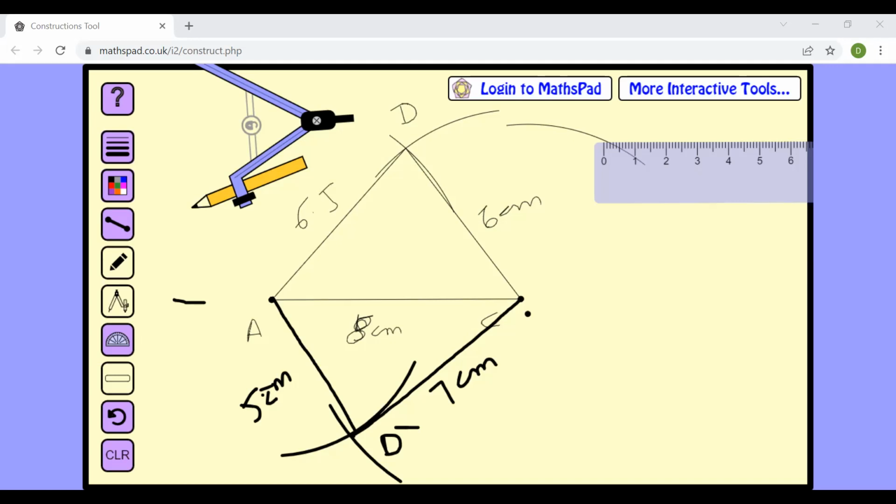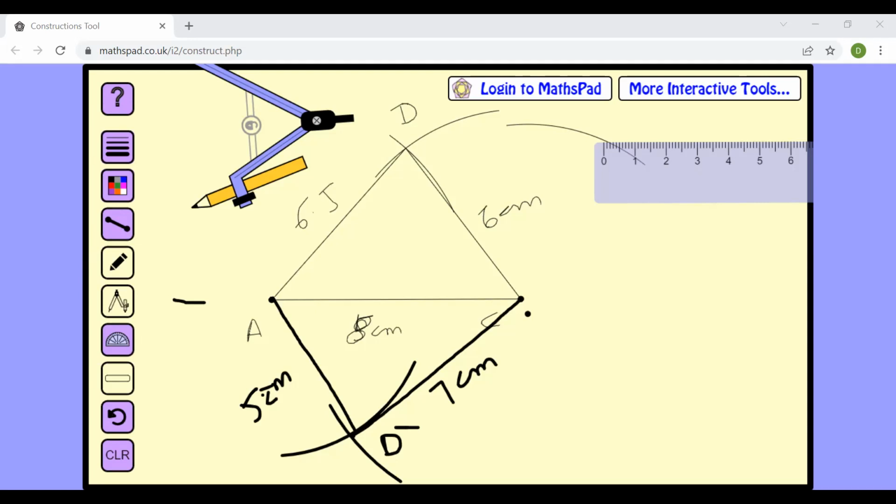Like this, from the line segment to the other part. And from the middle point, we should draw another arc.